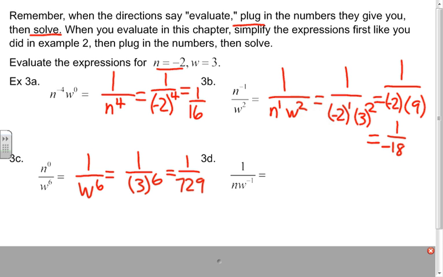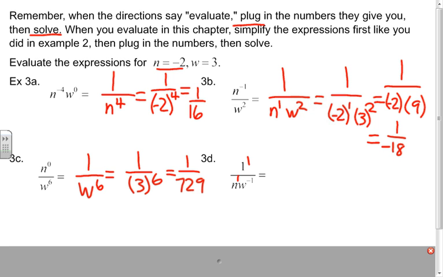Next problem. There's a 1, there's an n, there's a w. I know the exponent on the w is a negative 1. The n doesn't have an exponent, so what can I write there? I write a 1, right? What's the exponent on the 1 on top of the problem?